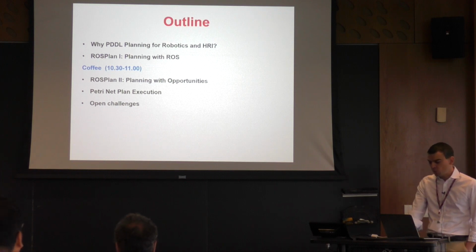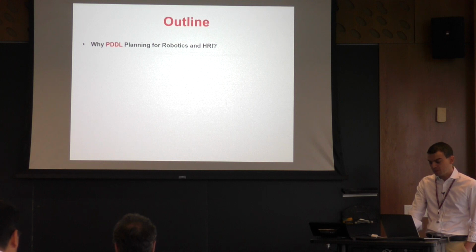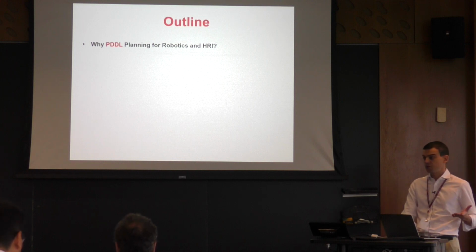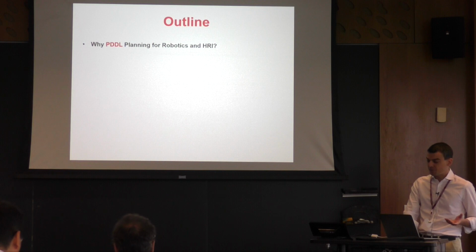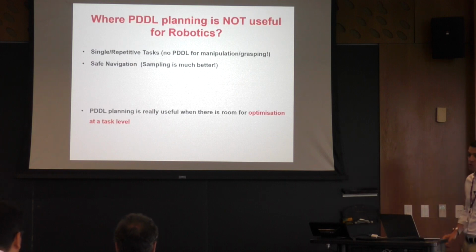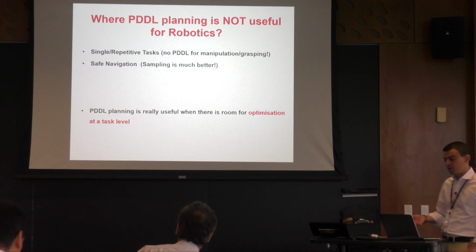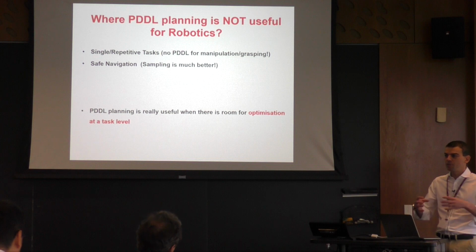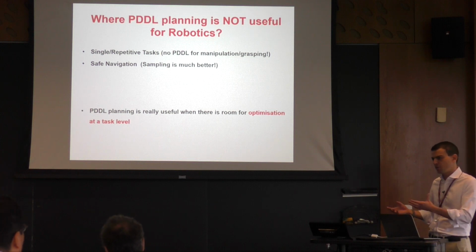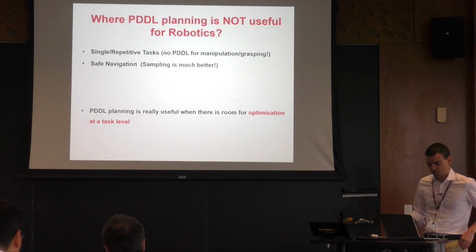Okay, so let's start on why PDDL planning is useful for robotics and HRI. So first of all, let's start with where it's not useful in our view. First of all, planning is not useful if you are dealing with single or repetitive tasks. So if you are working with manipulation or grasping, you don't really need task planning, right? People in robotics are already very good at doing this.